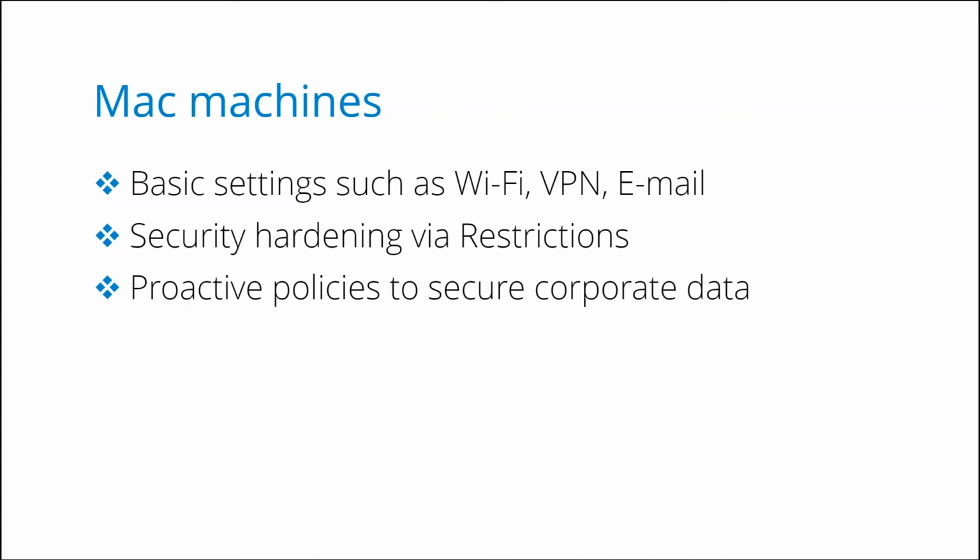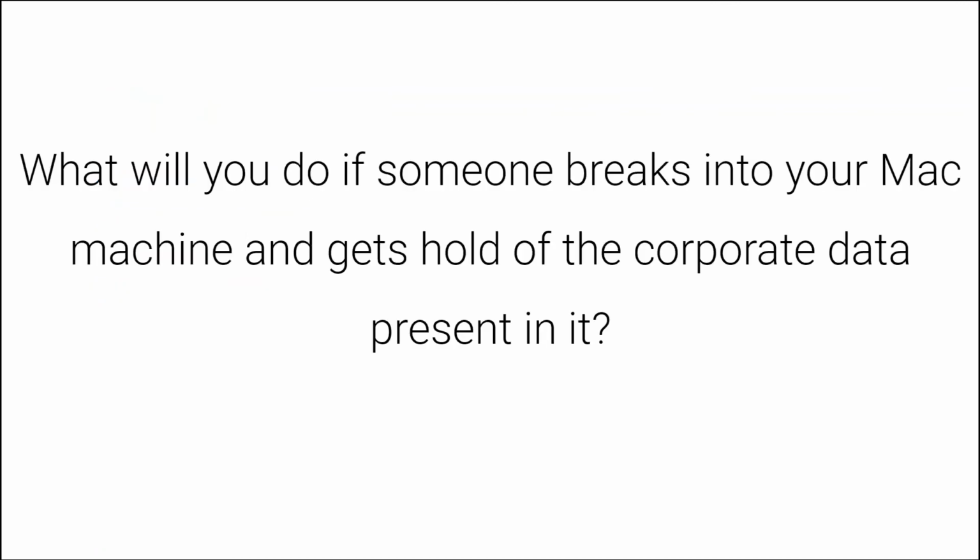So in case you'd like to secure the corporate data on your Mac machines, even before it's going to be stolen or if it's going to be misplaced, we have all those opportunities ready as well to perform on your Mac machines.